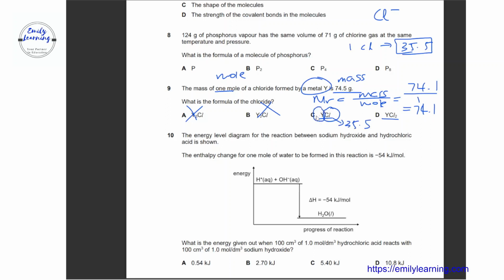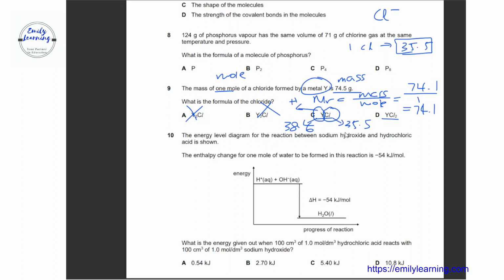If the MR is 74.1, that means the AR of Y is basically 74.1 minus 35.5, so the Y must have an AR of 38.6. Another thing to note is this Y must have a charge of +1 so that it forms YCl.